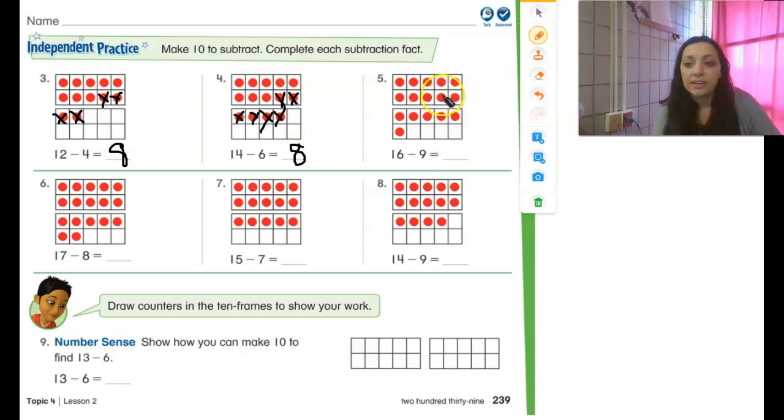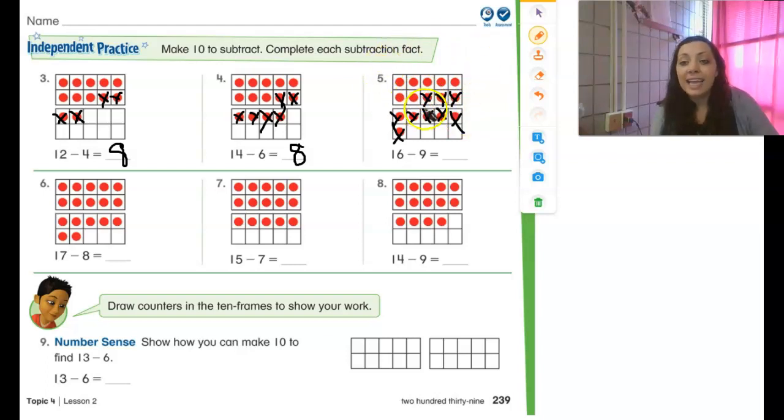Let's try another one. I've got 10 and 6, and I'm going to take away 9 this time. So let's go ahead and start taking them away. 1, 2, 3, 4, 5, 6. I need to take away some more. 7, 8, 9.